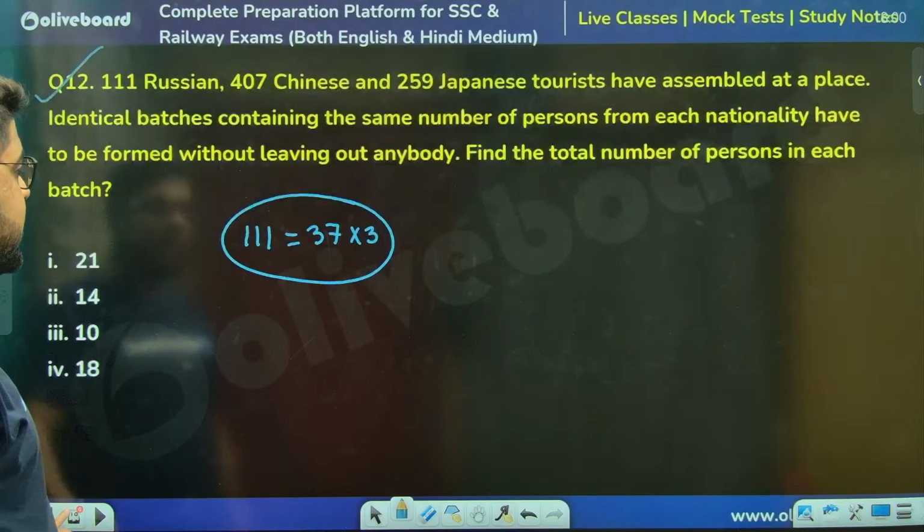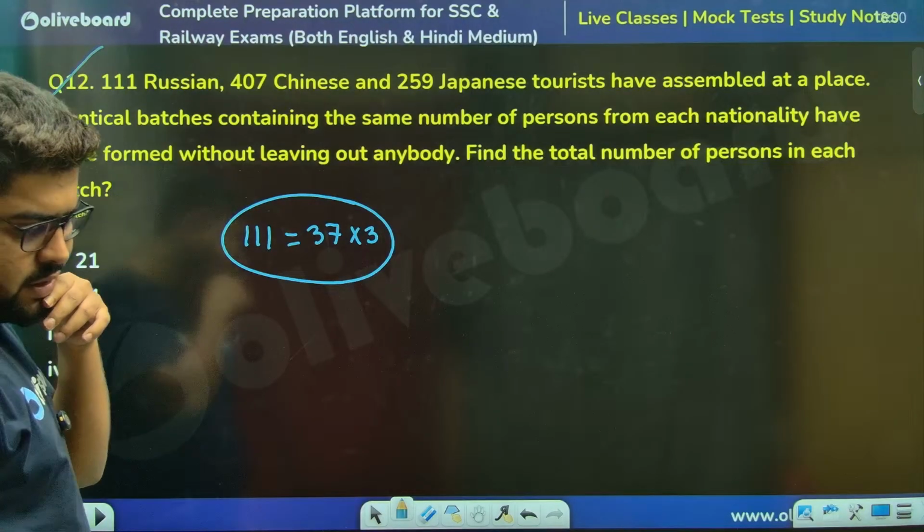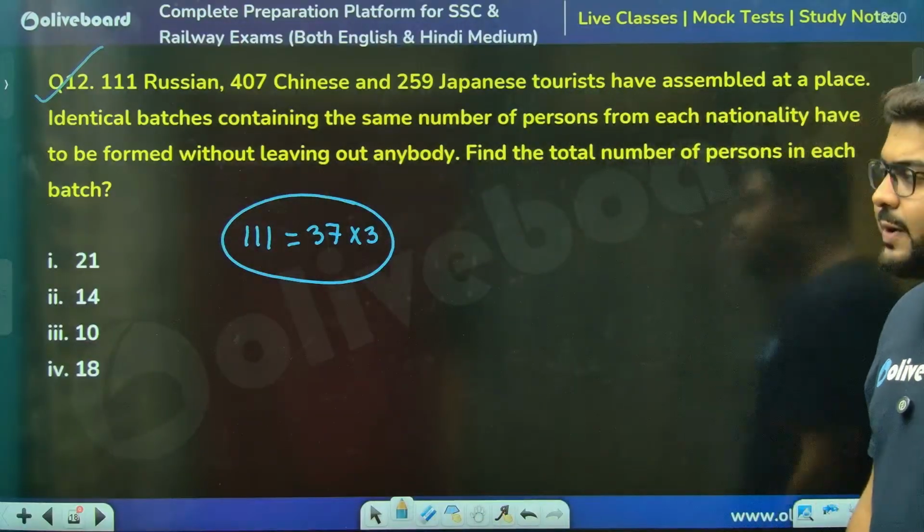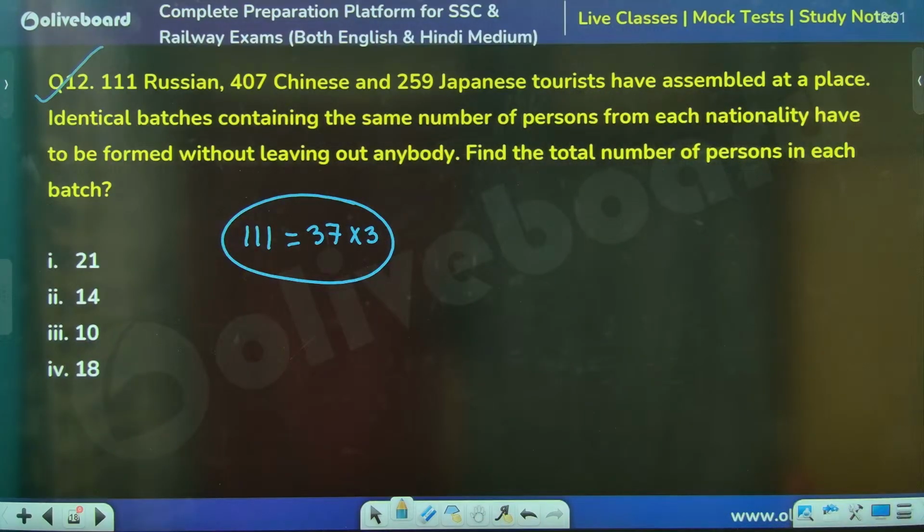नेक्स्ट में भी ऐसा नहीं है. 21, how did you get? Reena, Kajal, everybody is saying 21, but 111 is not divisible by 21.